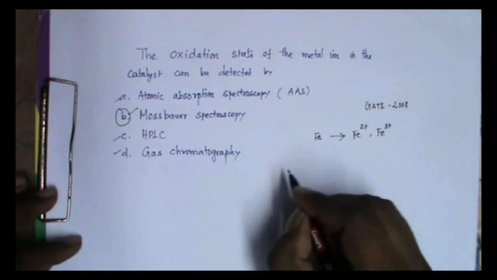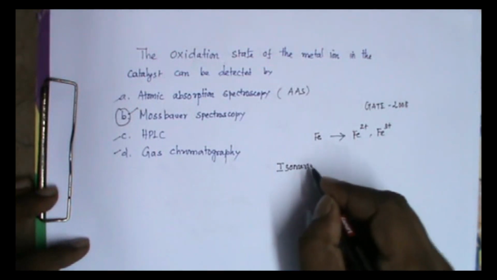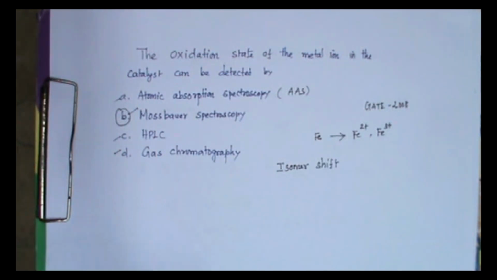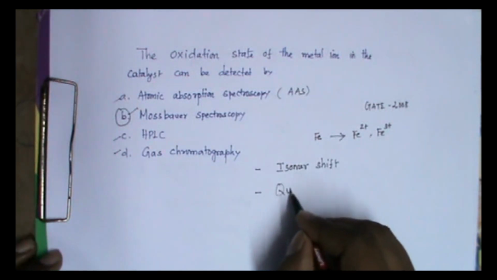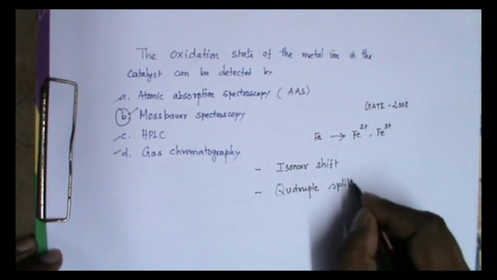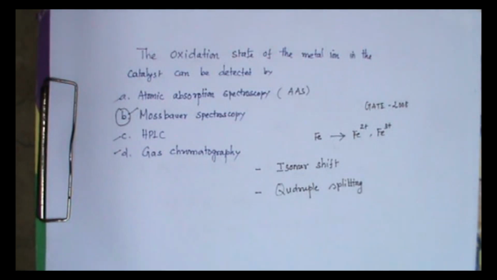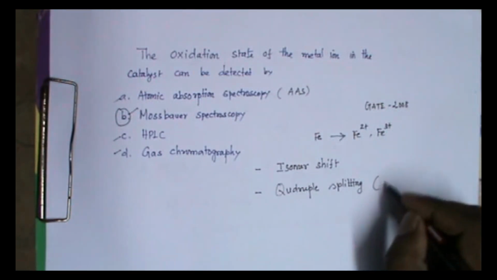So isomer shift can be used to identify the oxidation state. Further, there is possible quadrupole splitting. The signal we have got for Fe2+ or Fe3+ can be split, which is referred to as quadrupole splitting, simply QS.